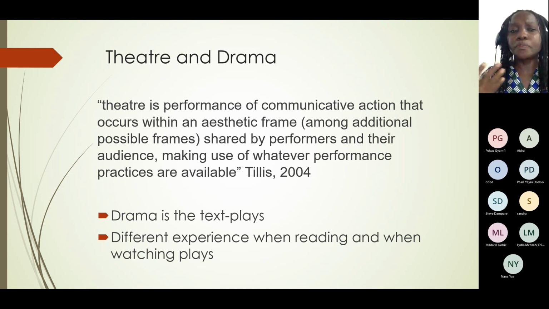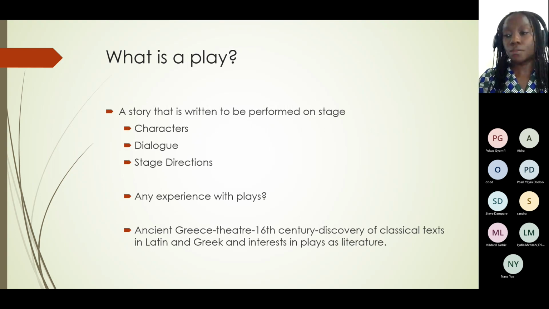And so a play is a story that is written to be performed on stage. And it usually has characters, dialogue, stage directions. Mostly it is the dialogue and stage directions that give you a clue that this is a play text.